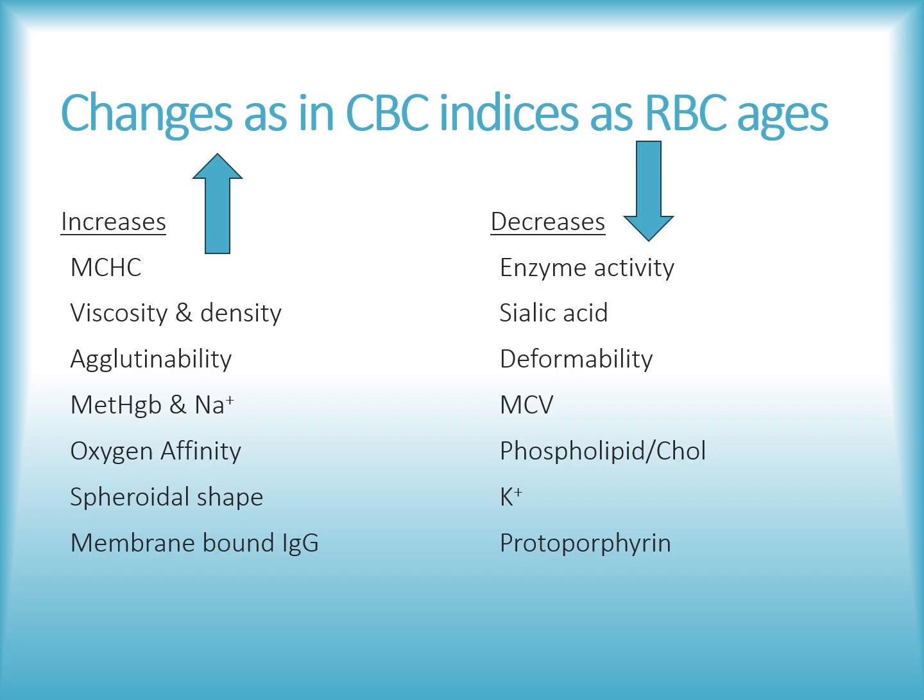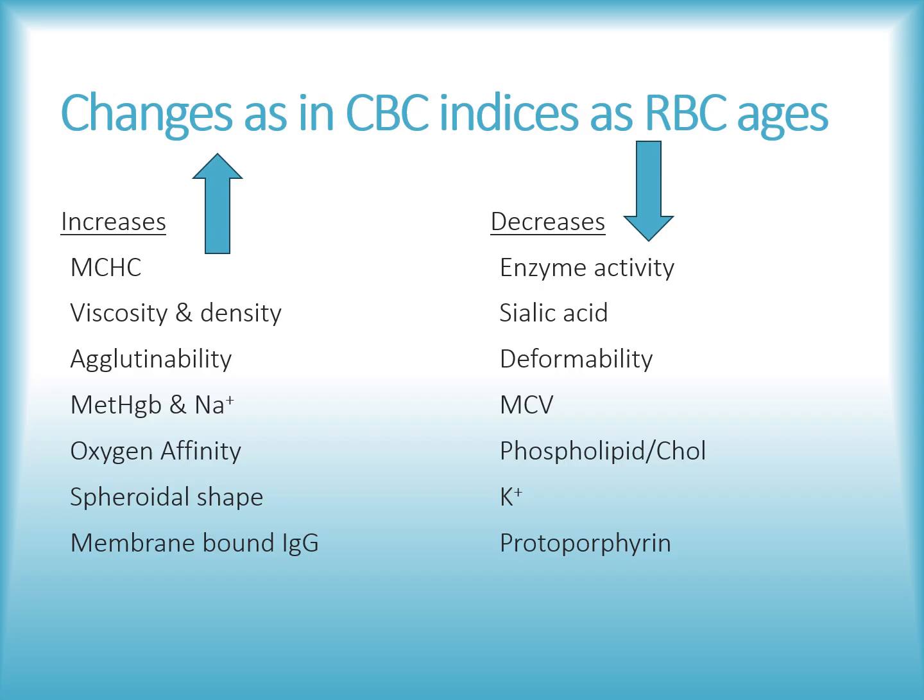We may see an increase in methemoglobin and sodium, and an increase in oxygen affinity, which means it's not going to be able to release the oxygen in the way that it should to deliver oxygen to those tissues.